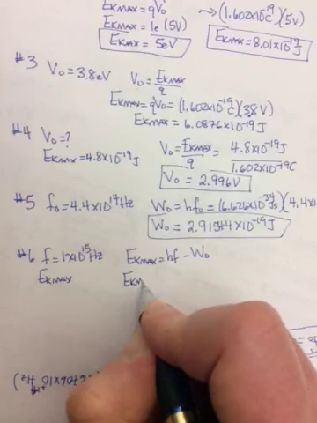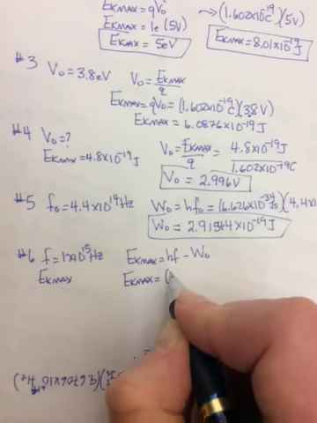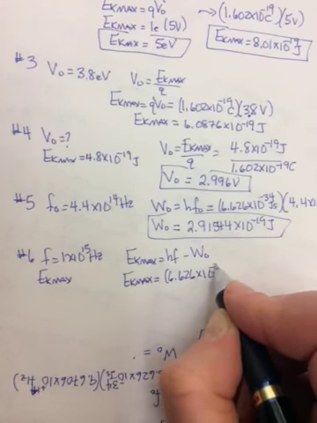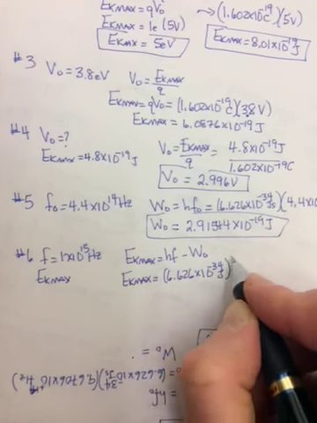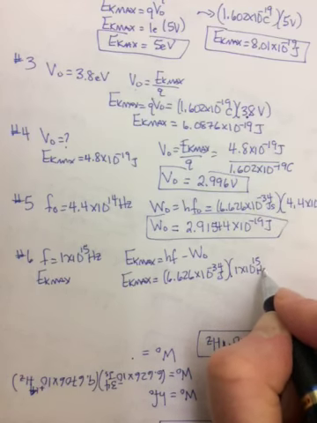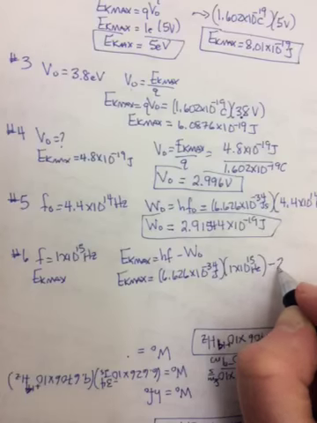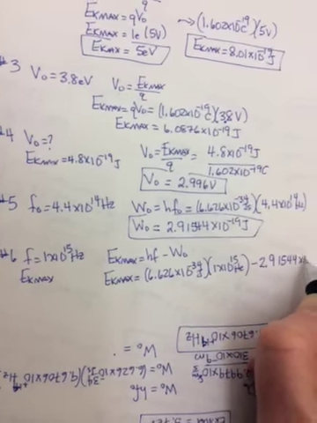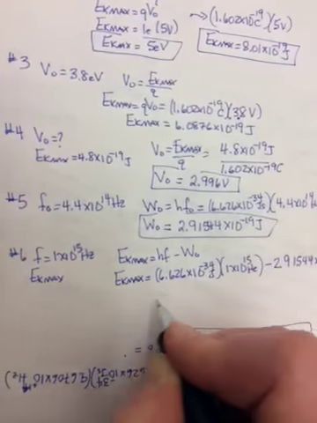So EK max is equal to H, 6.626 times 10 to the negative 34 joule seconds. F is the 1 times 10 to the 15th they just gave us. And WO is what we just found, 2.91544 times 10 to the negative 19 joules.